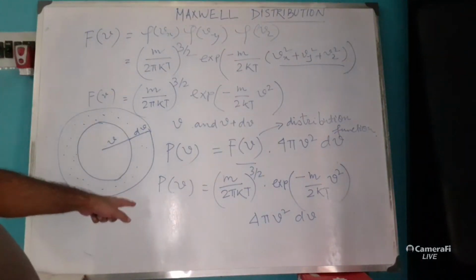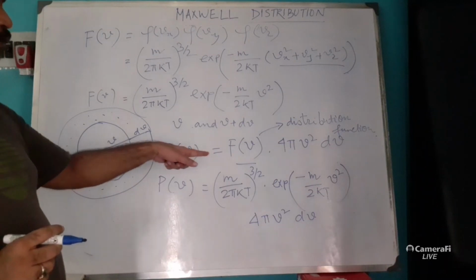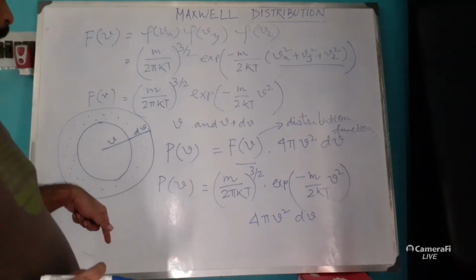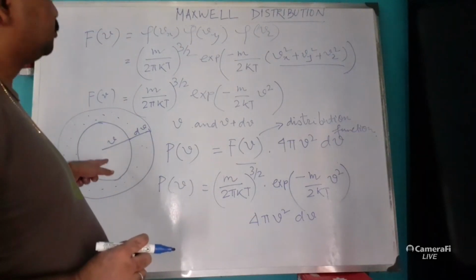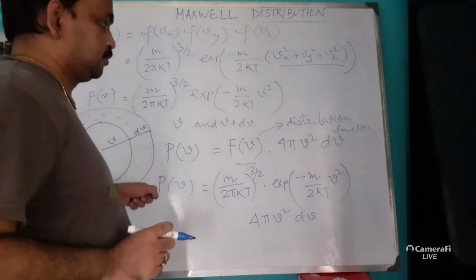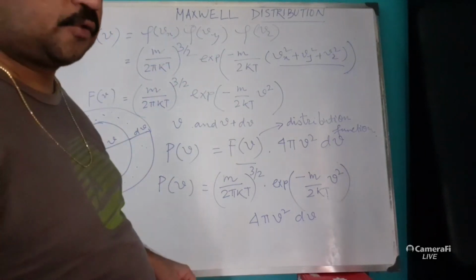So this is the probability of finding a particle with the velocity in the range v and v plus dv for the Maxwell distribution of this particular ideal gas under consideration. Remember, we have done this Maxwell distribution for ideal gases only.